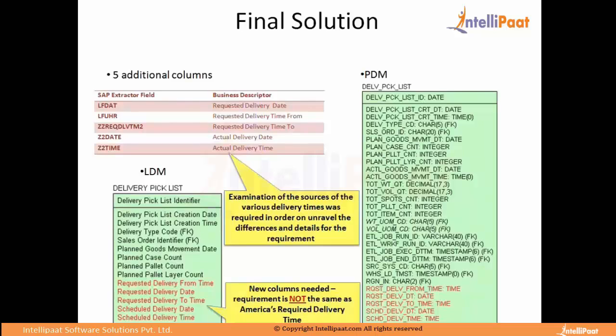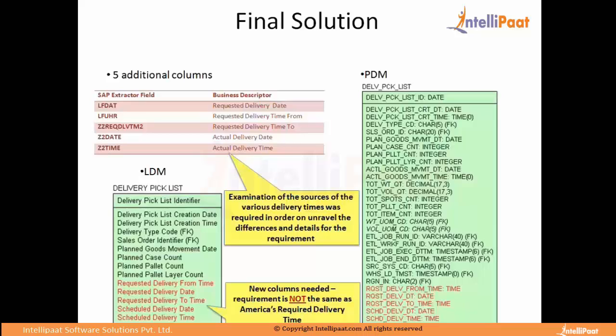If you examine all the elements of the sources, various delivery times were required, with differences in the details. At a glance you may feel all these are covered by the America requirement, but that's not the case, so you will have to add all these 5 new columns.